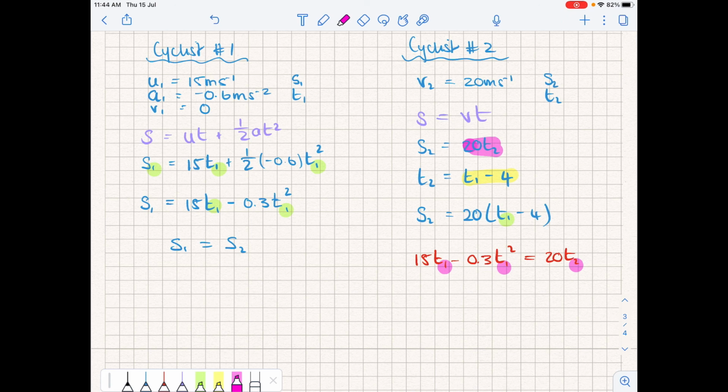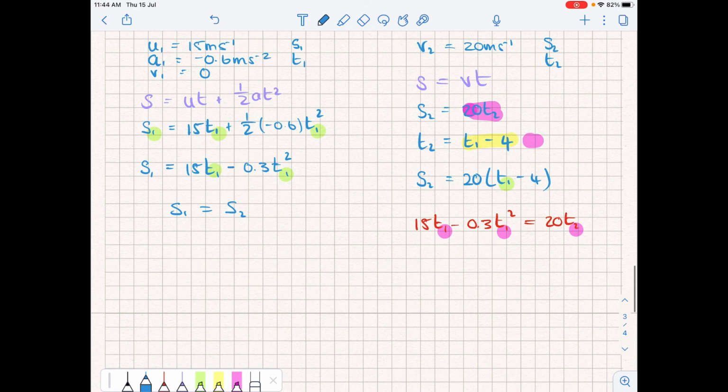What we had to do was relate them somehow, and we related them by saying time 2 is just equal to time 1 minus 4 seconds. So now we could compare them. Comparing them correctly, we say 15t, and we can just drop the subscript now because we know that the times are the same, minus 0.3t squared is equal to 20t.